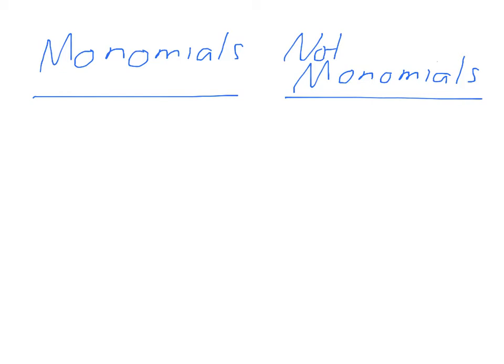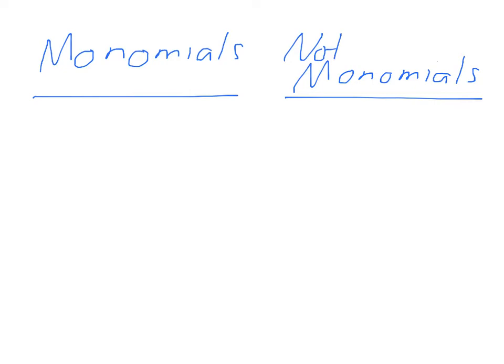Mono being one. Nomial comes from the word term. So a monomial is actually one term. If you remember from the beginning of the year, we talked about terms when we were talking about distributive property and things like that, where you could combine like terms together. A monomial was one of those terms.